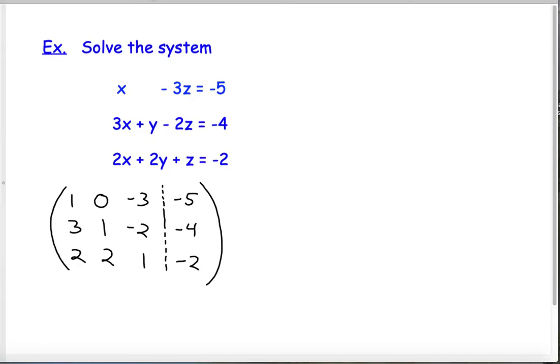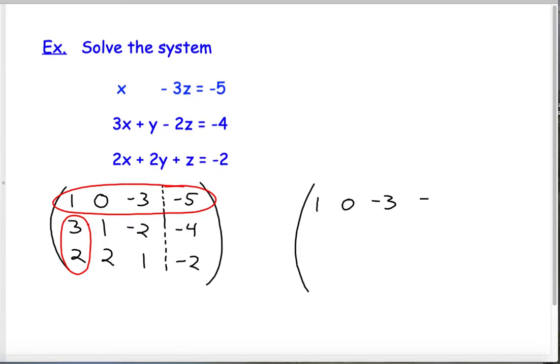So I'm going to use the first row to try and get zeros below it in the first column. First of all, I'm going to leave the first row alone. I'm not changing those numbers. So 1, 0, -3, -5. But now the second row, I'd like to change, and I want that 3 to be gone.